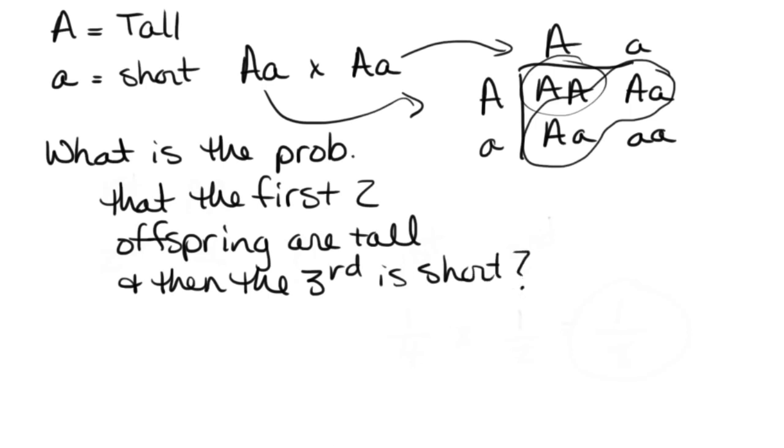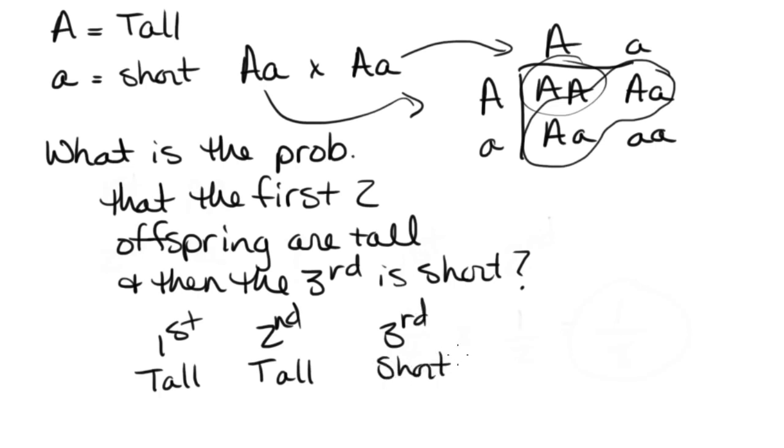Okay, so notice that one aspect here is that we're giving a specific order for this. So we want the first one to be tall. We want the second one to also be tall. And then the third one, we want to know the probability that it's going to be short. And we want all of these things to happen. So that's why we're going to use this multiplication rule.